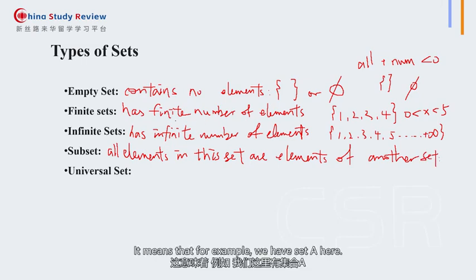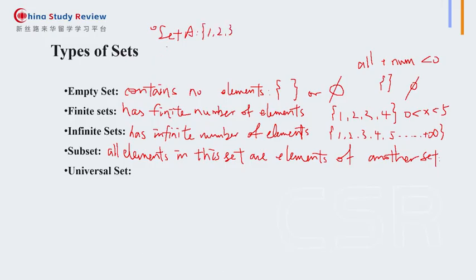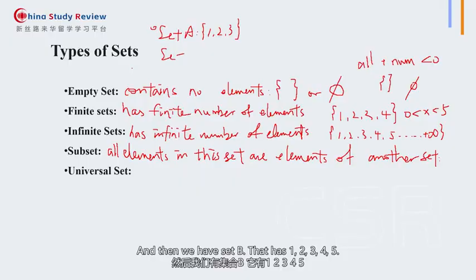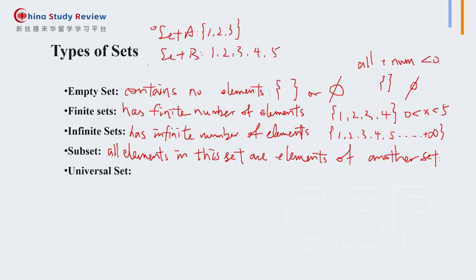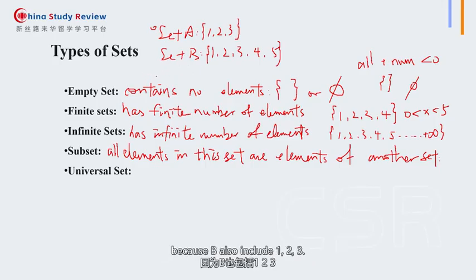What does this mean? It means that, for example, we have set A, and set A has 1, 2, 3 as its elements, and then we have set B that has 1, 2, 3, 4, 5. So you can see that all the elements in A, 1, 2, 3, are also elements of set B, because B also includes 1, 2, 3.